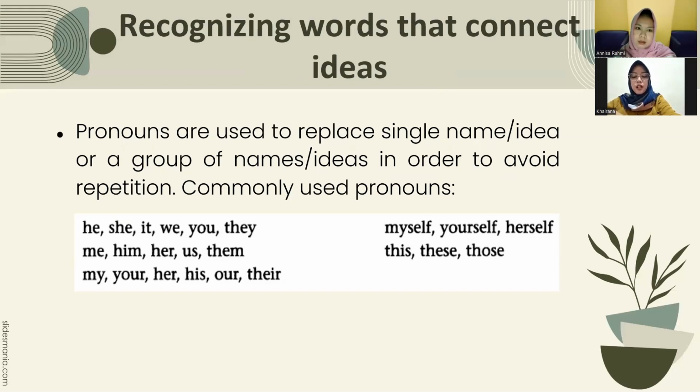For example, in a paragraph after using someone's name, for example, Dina is going to school. She is going by car. The first sentence uses someone's name and in the second sentence we can change the name with a pronoun, which from this example is from Dina to she. Commonly used pronouns: he, she, it, we, you, they, etc.